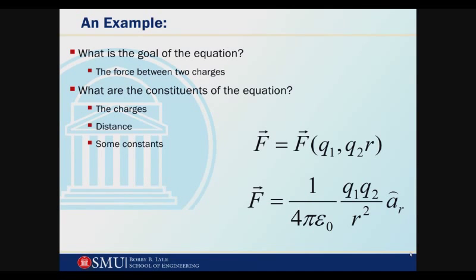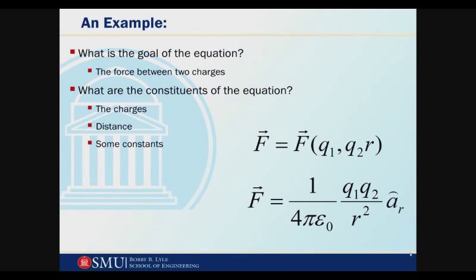So what are the constituents of the equation? Well, right away, we can say that there's the charges, there's a distance between them, and then there's also some constants floating around. So F, and then you also note on this equation that F is a vector, and I've denoted this vector with a little line above the F. There's many, many ways of denoting vectors, and that's just one of them.